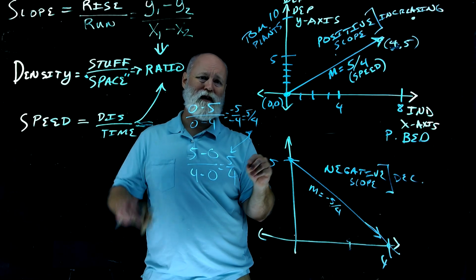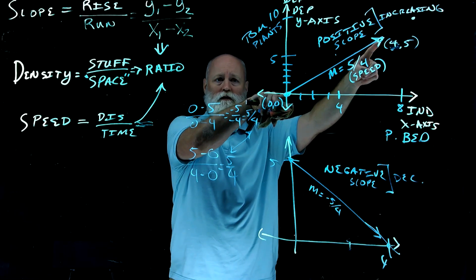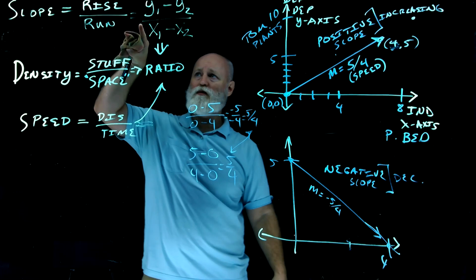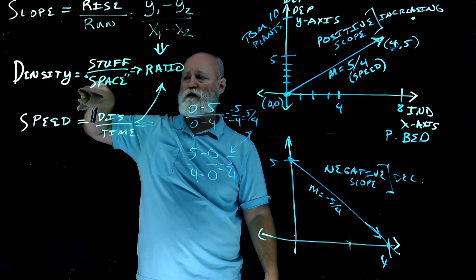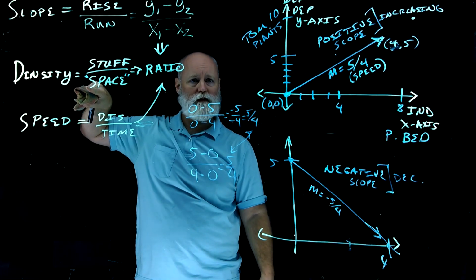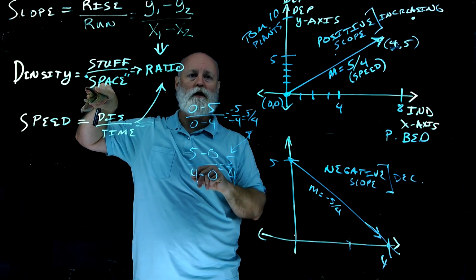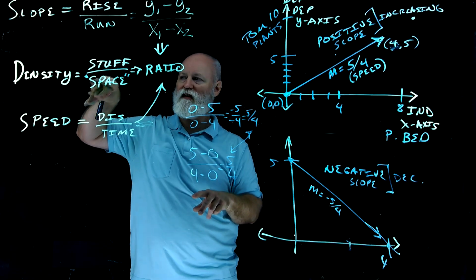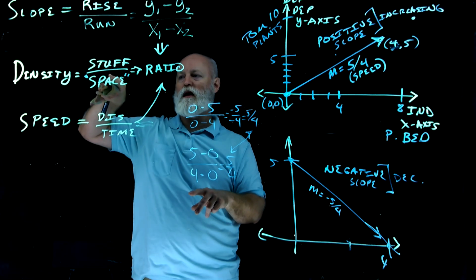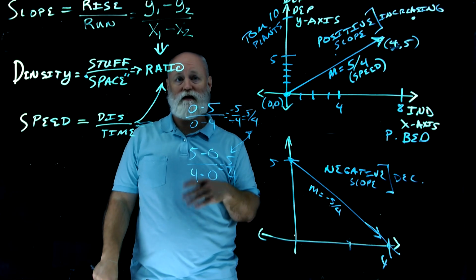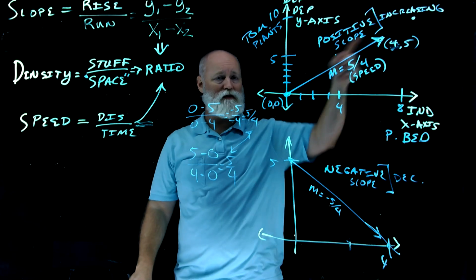If you have 2 points of information, you can create that slope, and if you're talking about stuff over space, that allows you to find the density of whatever's going on there, just based upon those 2 points of reference. So thinking in terms of density as a slope allows you to find the density quite easily, just based on those 2 points.